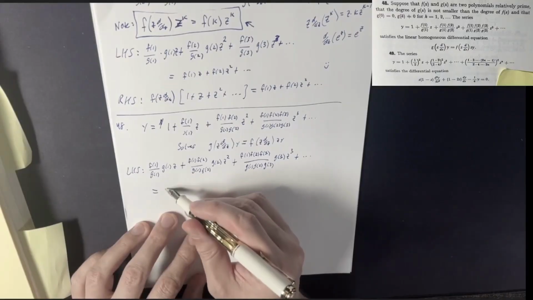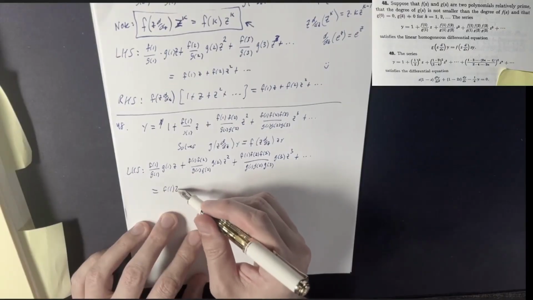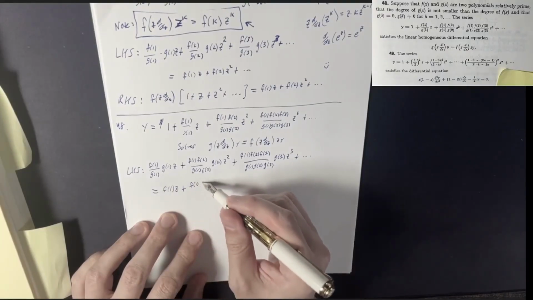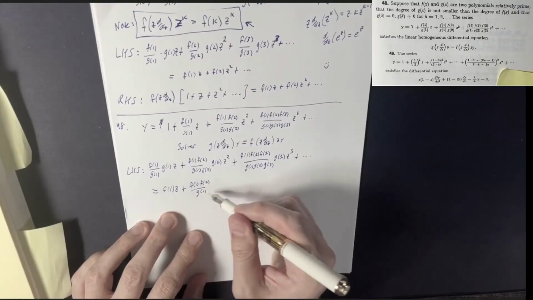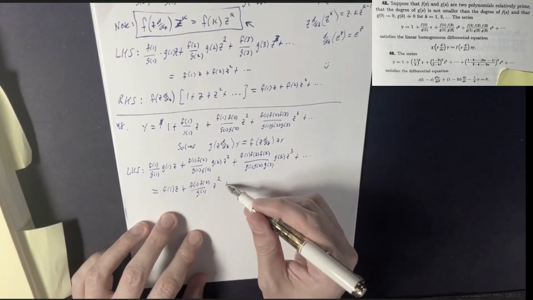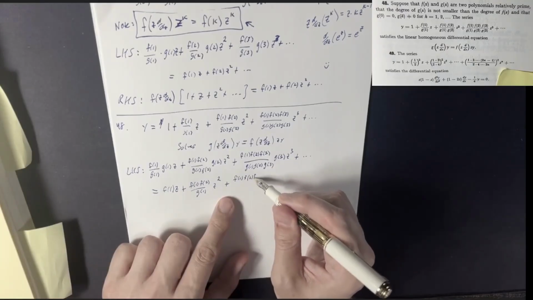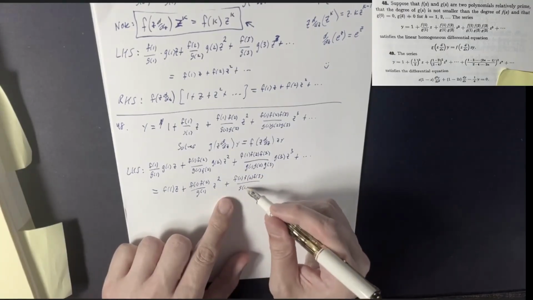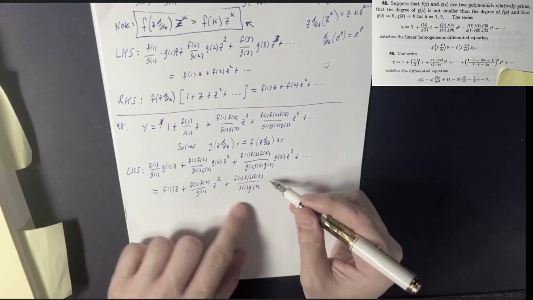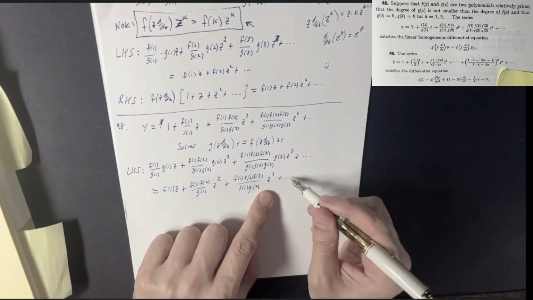you get f1 z, f1 f2 over g1 times z squared, f1 f2 f3 over g1 g2 z cubed. Okay, so that's our left-hand side.